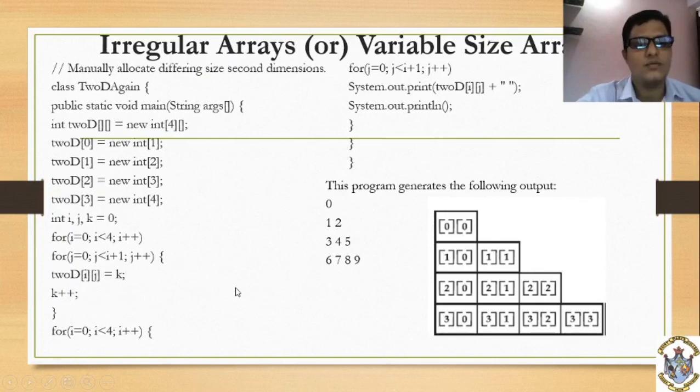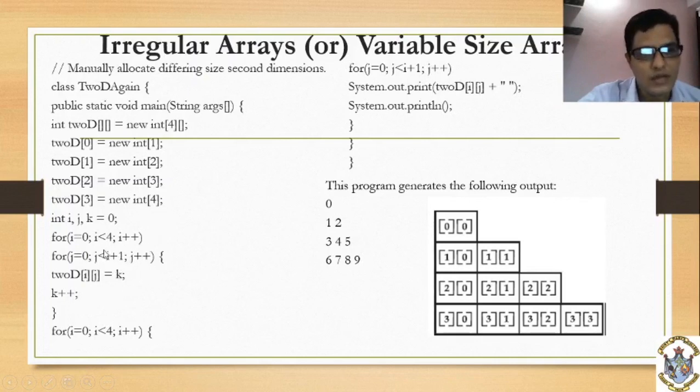Okay, afterwards control will come here, j becomes 1, 1 less than 1, false. It will skip and come to the outer for loop. In the outer for loop, the i value is incremented. Now i less than 4 condition true, it will enter into the for loop. j is equal to 0, j less than i plus 1. Now 1 plus 1 is 2, so it will repeat 2 times.